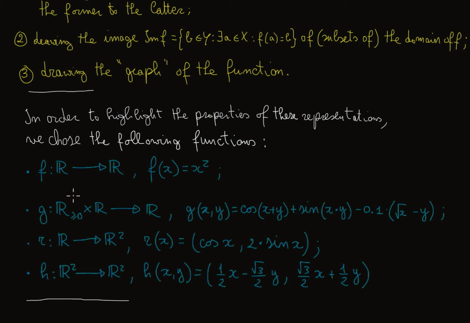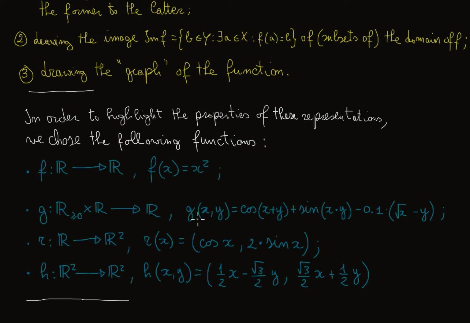The second function is going to be named g, and it will go from a subset of R squared. More precisely, it will go from the non-negative part of R times the real numbers R. So it will be a half plane comprising all the points x, y where x is non-negative. And it will associate to any pair of numbers in that set a real number.